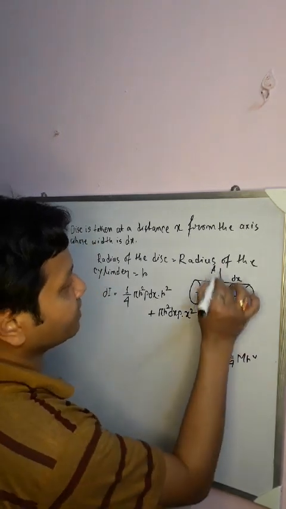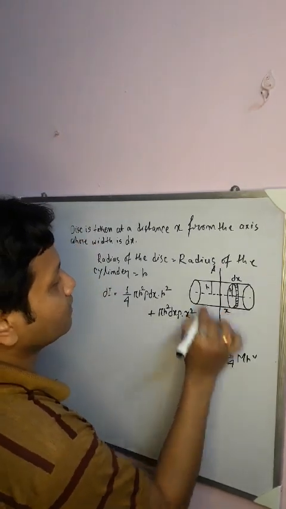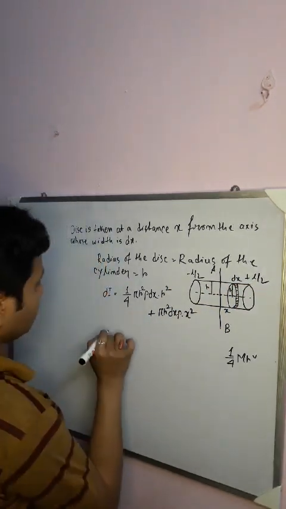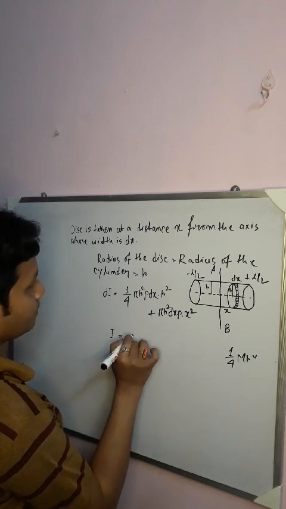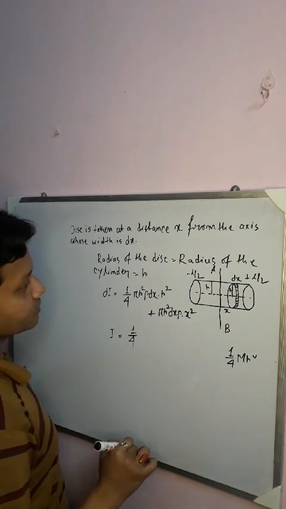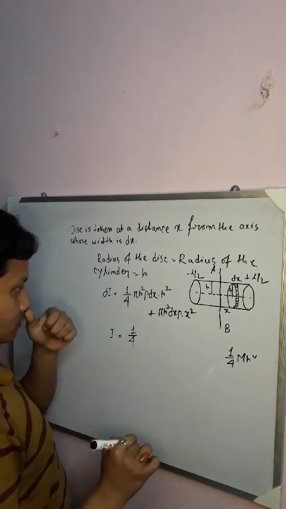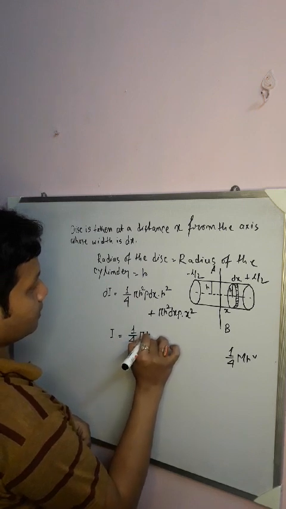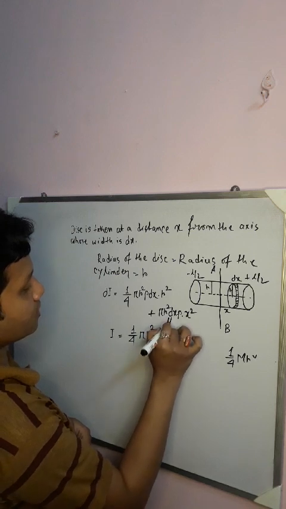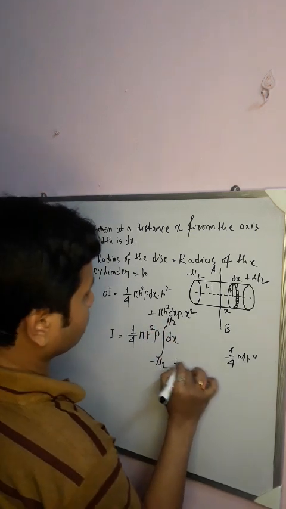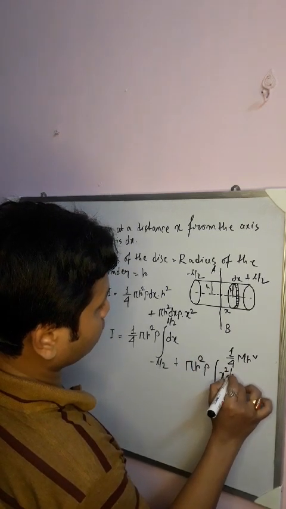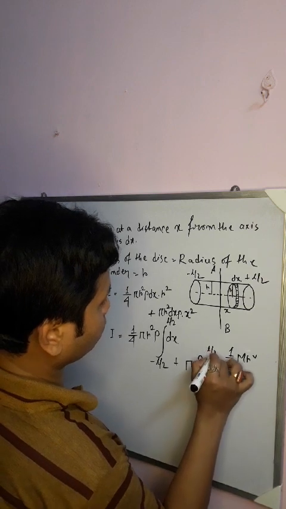The axis is taken midway, so if the total length is L, we have to integrate from minus L by 2 to plus L by 2.